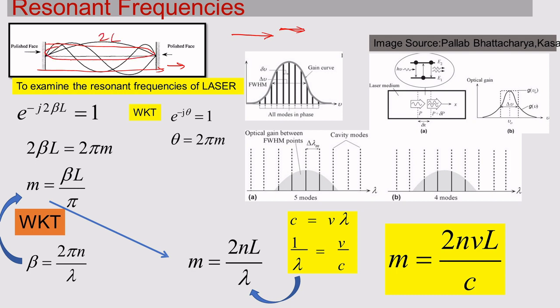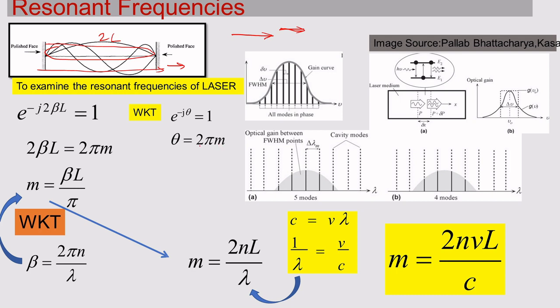We already studied this in class. So to have a steady state oscillation, e power minus j2 beta L should be equal to 1. We know the basic relation that e power j theta equals 1, so theta should be a multiple of 2 pi.